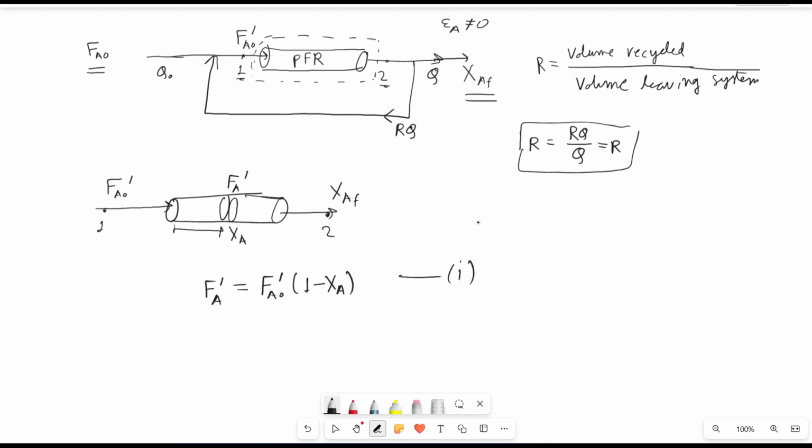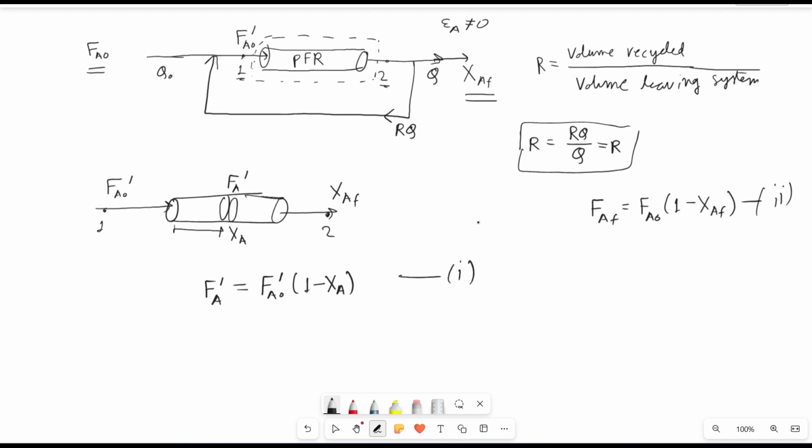Then we get the expression FAF, the final outlet molar flow rate of A, equals Fa naught times 1 minus XAF. This is one relation we will get.